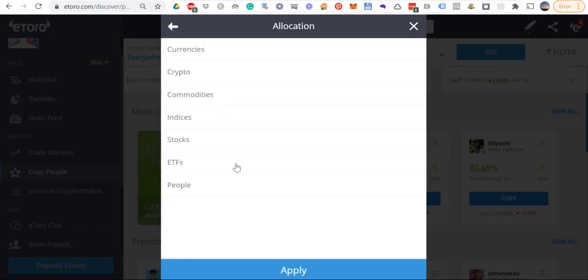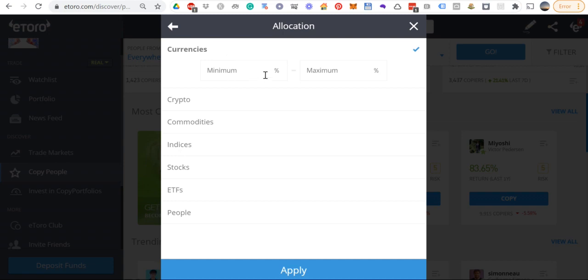The allocation. So this is where, for example, I might look for currency traders that have a minimum of, I don't know, 60% currencies. Let's go for like 70% in currencies.